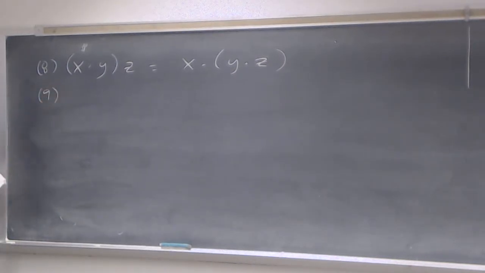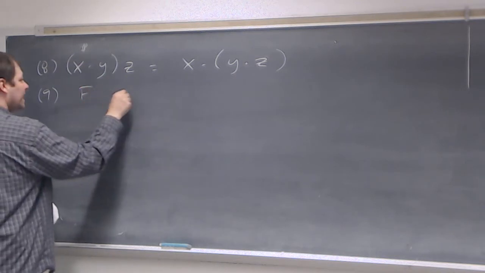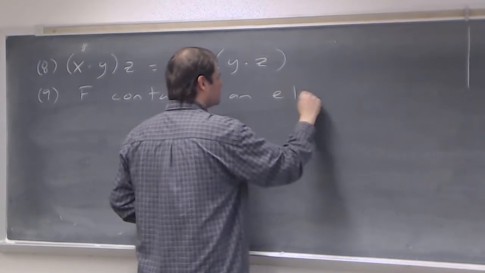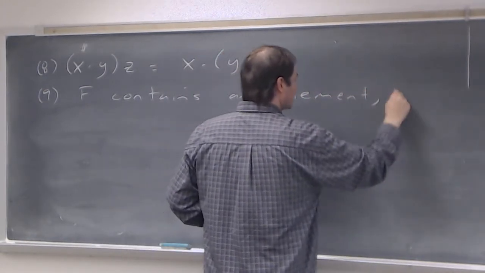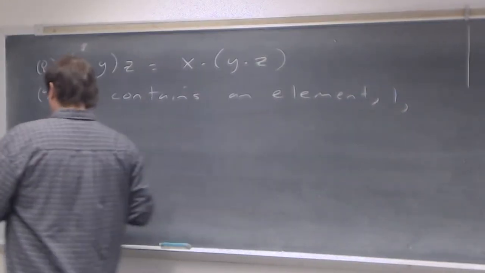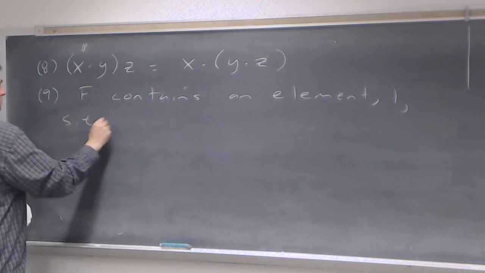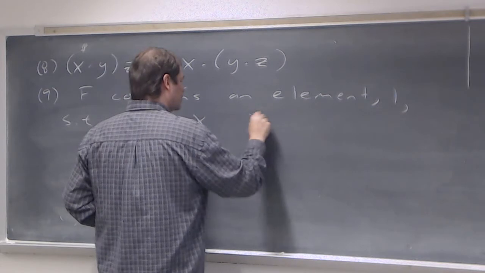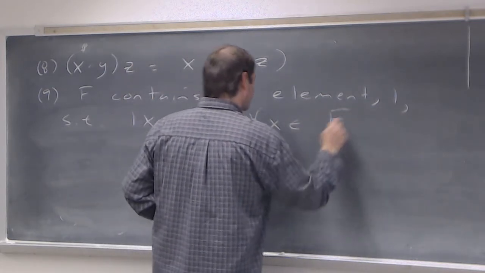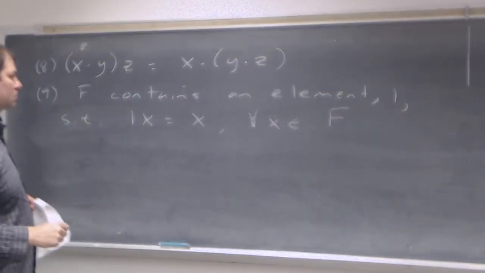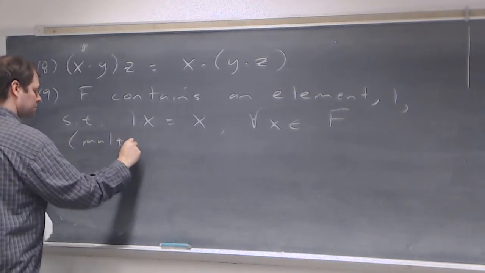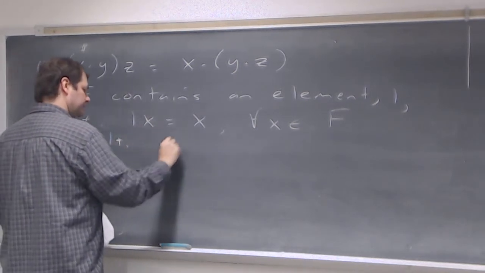Ninthly, F contains an element, we usually denote by 1, such that 1 times x is equal to x, and that's true for all x elements of the field. This is the multiplicative identity.